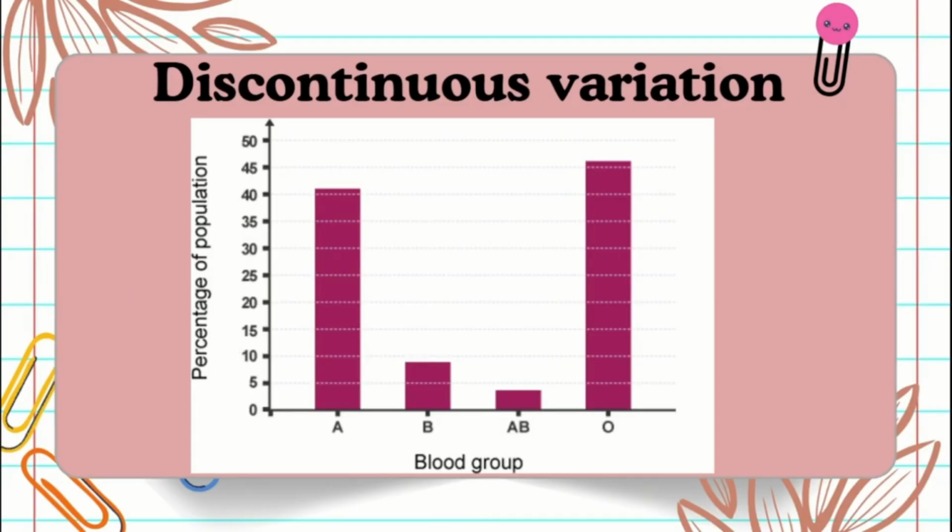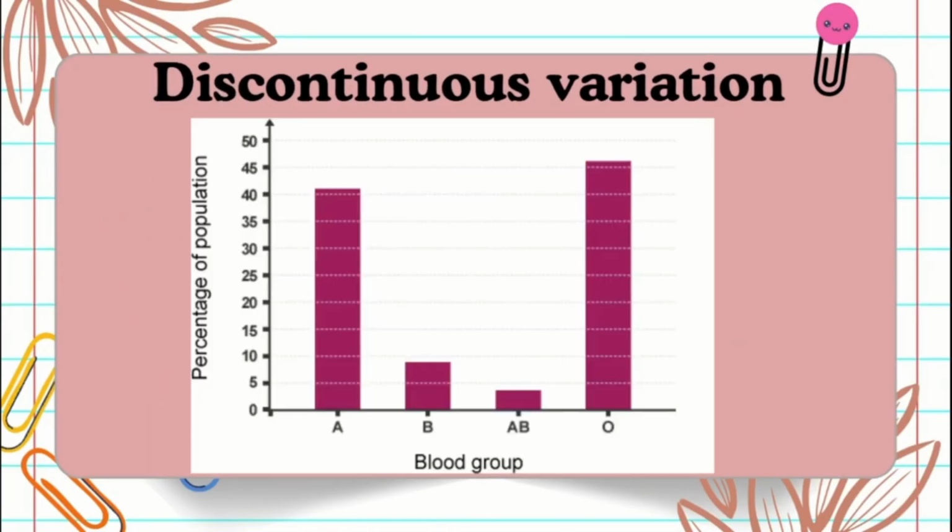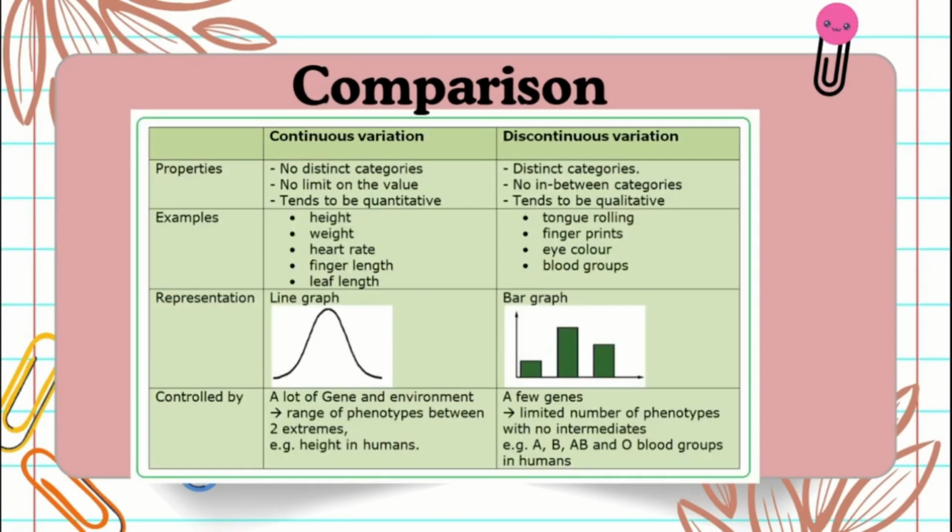There's no in between, basically. And if you look at the graph, it shows clear-cut categories. This is showing different blood groups. If you look back at continuous variation, it was more curvy, it wasn't defined. While in discontinuous variation, it is very much defined, with clear-cut categories.